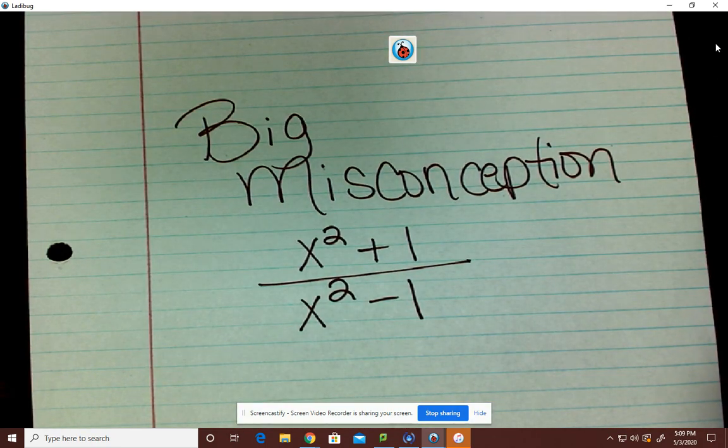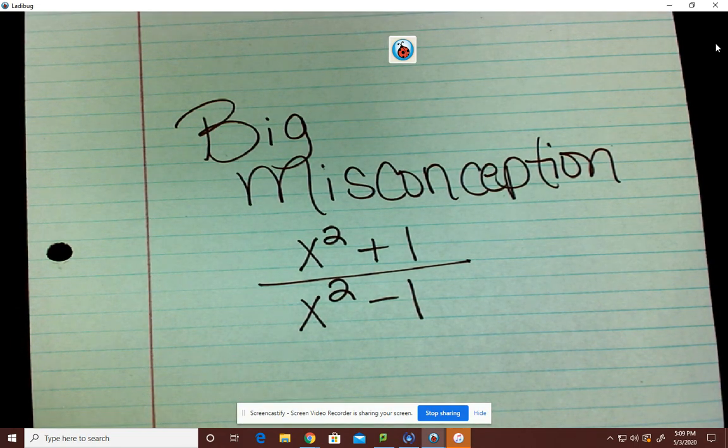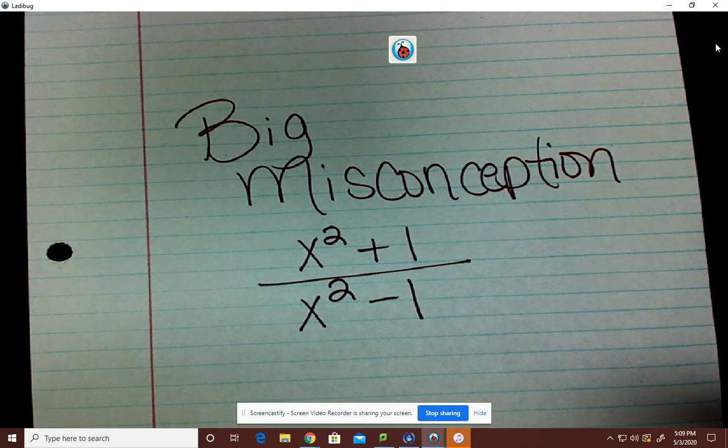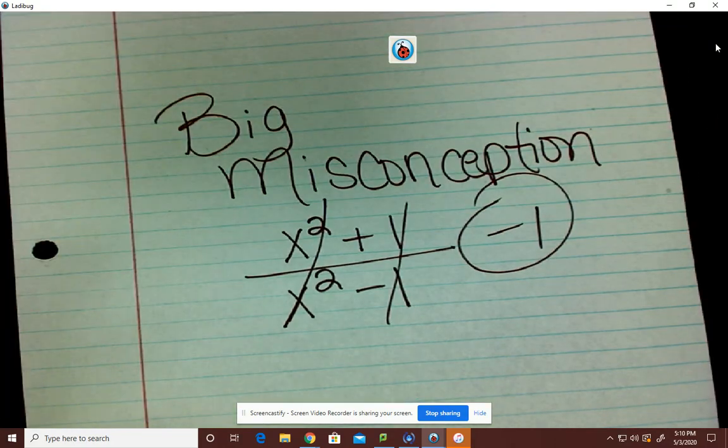Now my rules tell you to factor everything first. But I've got these people, won't say what kind of people, that like to say, I'm not going to follow those rules, and I want to cancel out first. And they do this, and they say that's -1. That's the answer. That is not the answer.